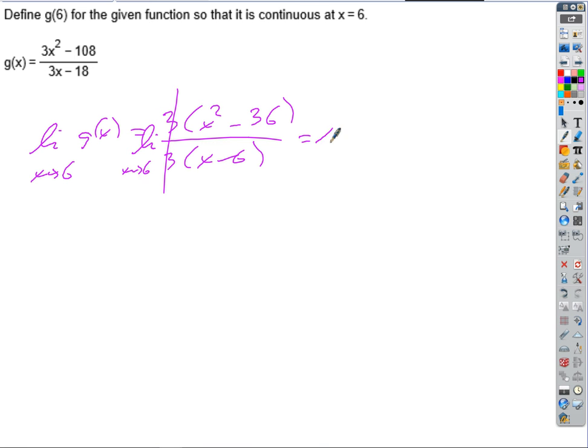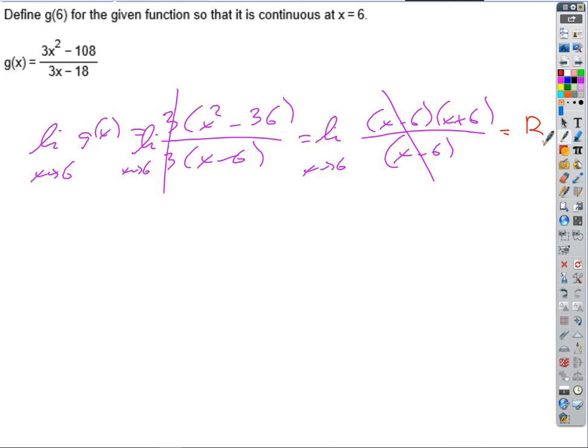Factor the top. Cancel algebraically and evaluate. As x approaches 6, what do we get? That's the value we need, isn't it? If that's the point the ants think they're approaching, then we better put a dot there for them to step on if we want to make it continuous.